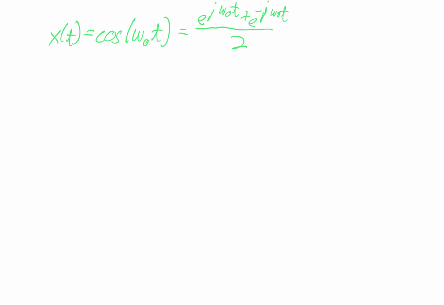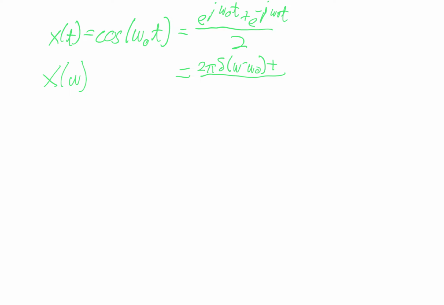And now to get the Fourier transform, we apply that to each component. The first component is e to the j omega naught t. When we Fourier transform that, we get 2 pi times an impulse at the frequency omega naught.